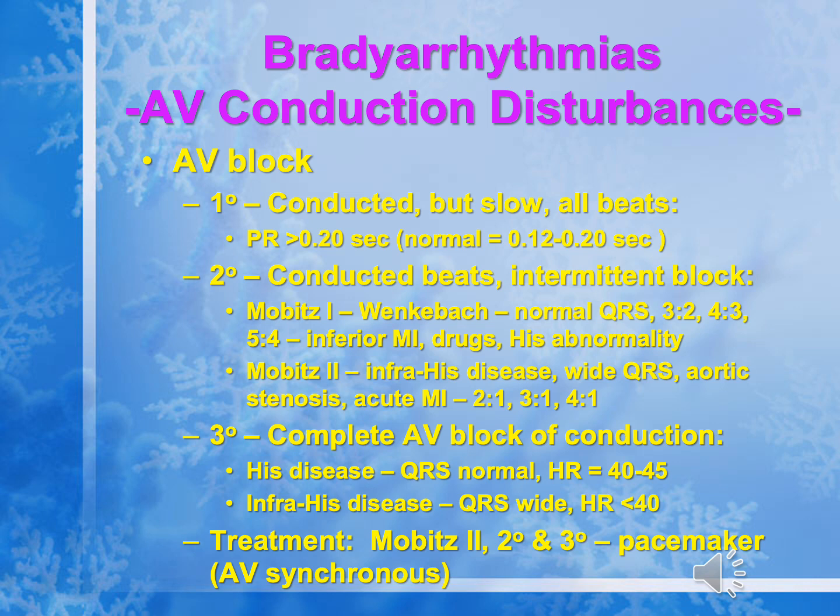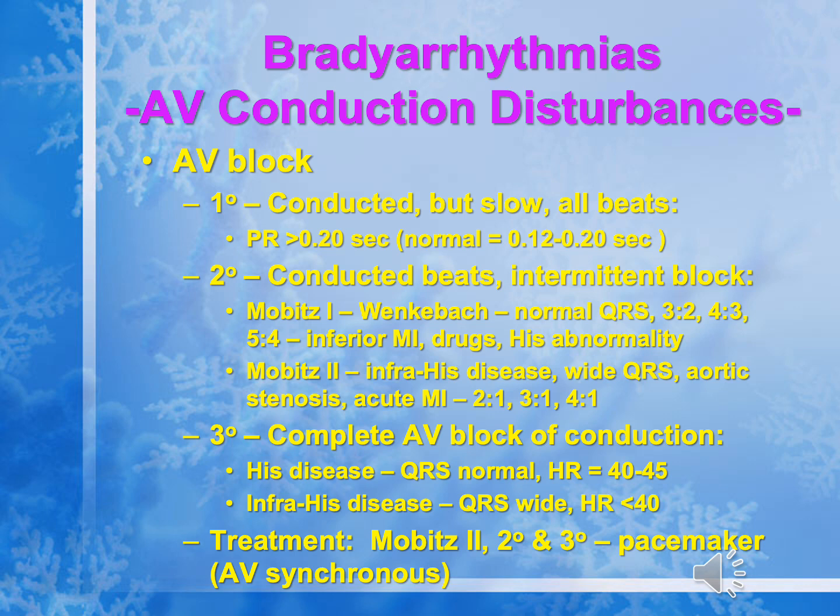following QRS complexes. Mobitz 1 second degree block, or Wenckebach block, is when there is a rhythm such as 3 to 2, that is 3 atrial, 2 ventricular, 4 to 3, or 5 to 4, and is seen in inferior MI, drugs or His bundle abnormality.